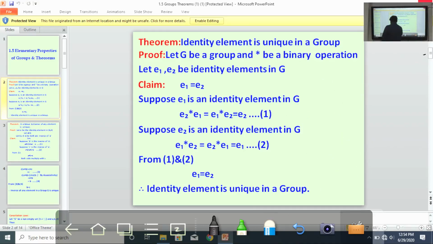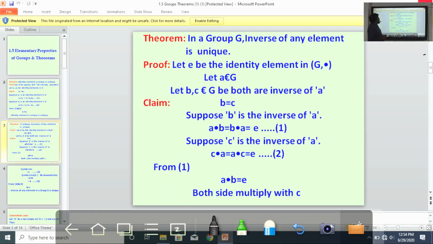Next, now coming to the next property, inverse element is also unique. Inverse of any element is also unique. Coming to the proof, let E be the identity element in a group G, dot.